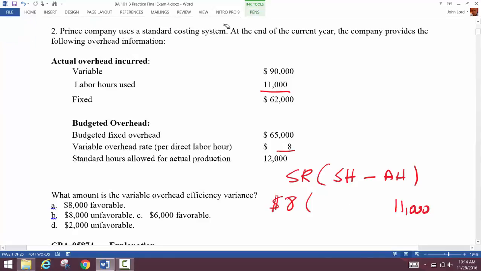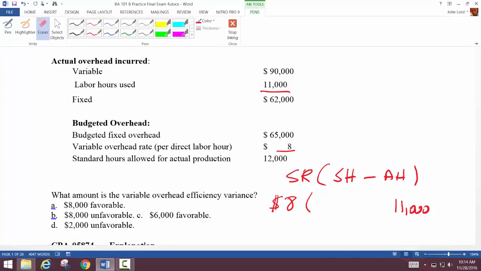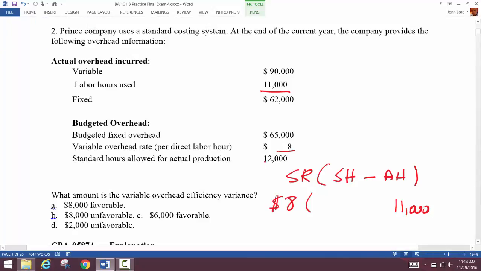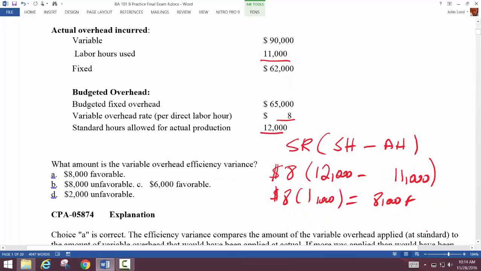What were they supposed to use? They were supposed to use 12,000. Okay, so they were supposed to use 12. They only used 11. That's looking favorable. $8 times the 1,000 should give me what? 8,000 favorable, which is the answer here.